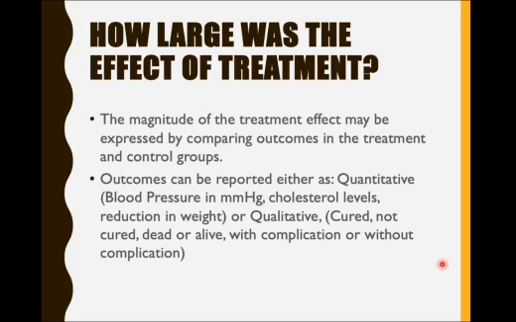Now, the magnitude of treatment effect may be expressed by comparing outcomes in the treatment and in the control. Outcomes can be reported as quantitative, for example, blood pressure in millimeters mercury, cholesterol levels, reduction in weight, or they can also be qualitative: cured, not cured, dead or alive, with complication or without complication.